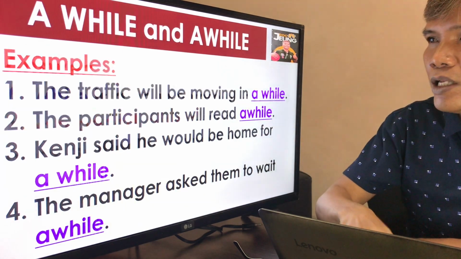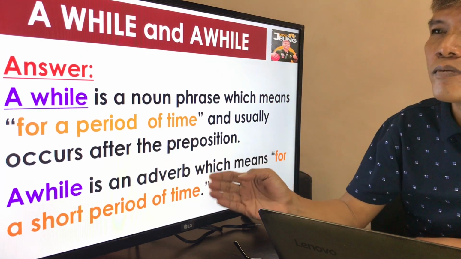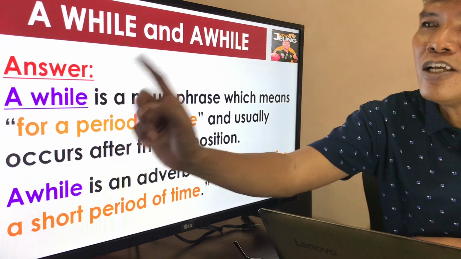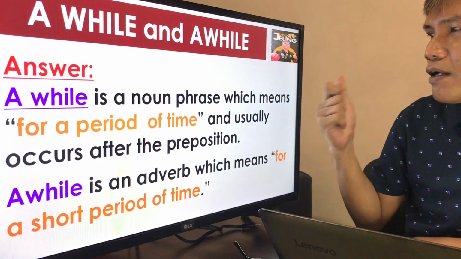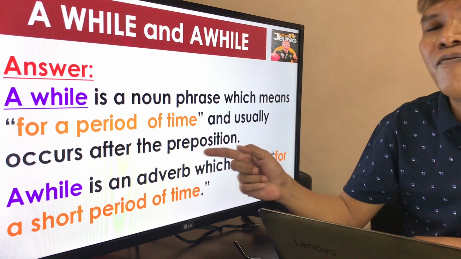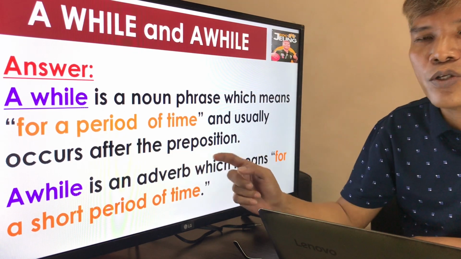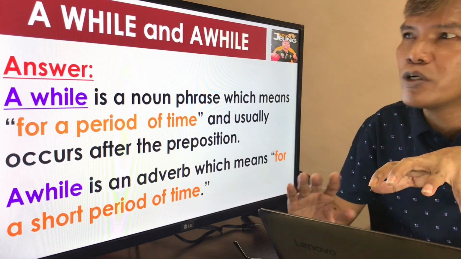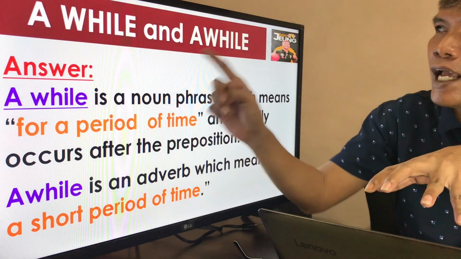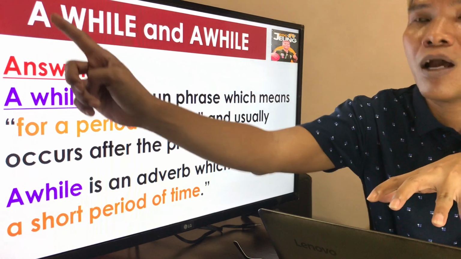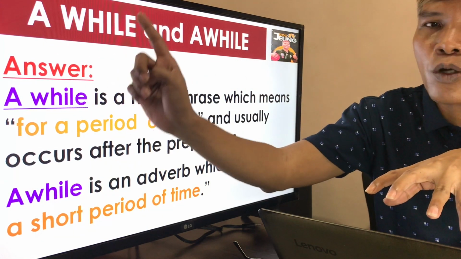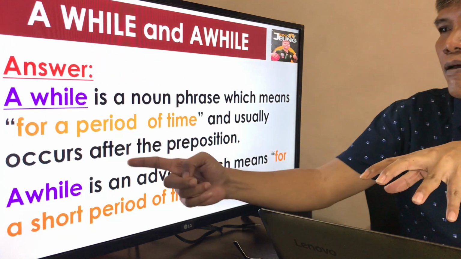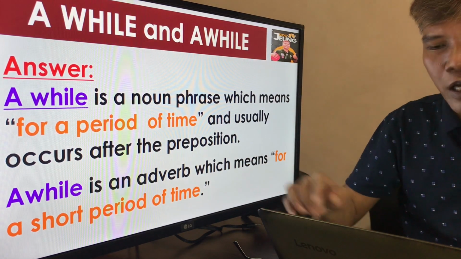Let's go back with the definition. A while is used usually after the preposition. So, if there is a preposition in the sentence and the next word is blank, you will choose between awhile and a while. You will use a while because a while is always used with a preposition.